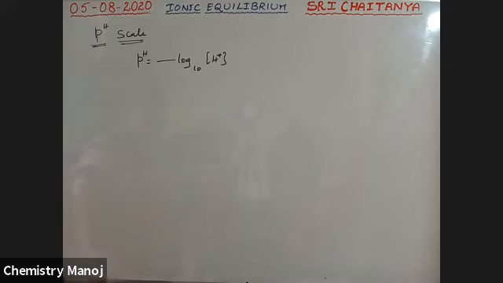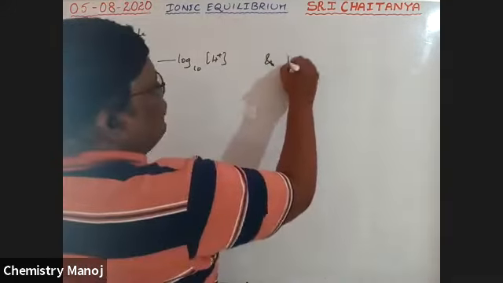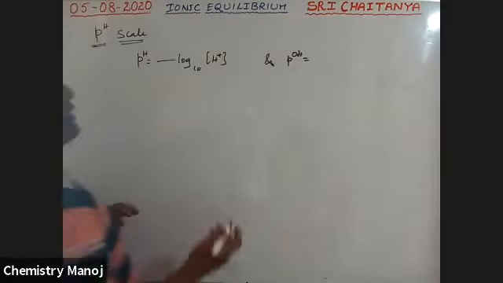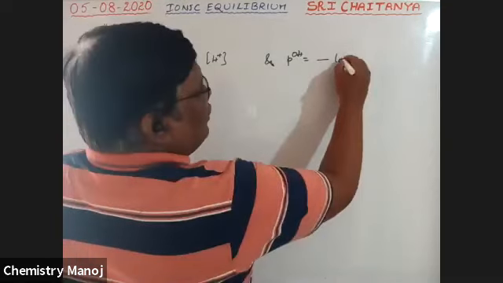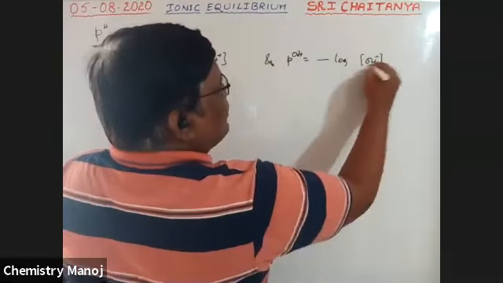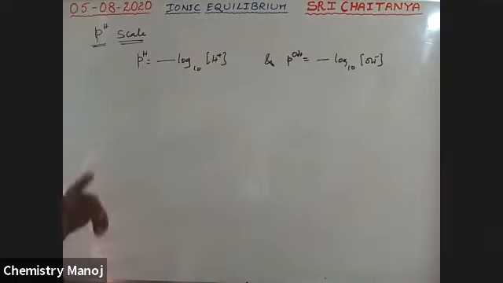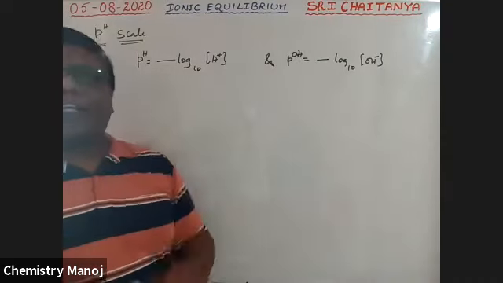It is important, boys. Similarly, there is another term, that is pOH, which is nothing but minus log of OH minus ion concentration to the base 10.